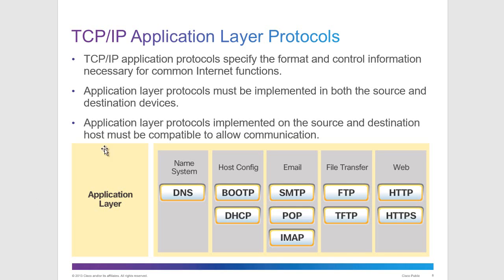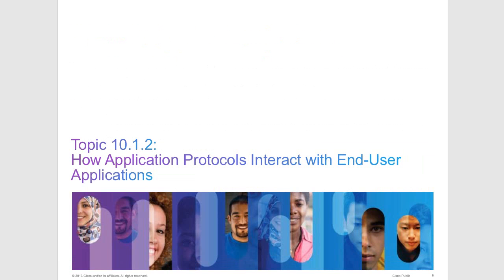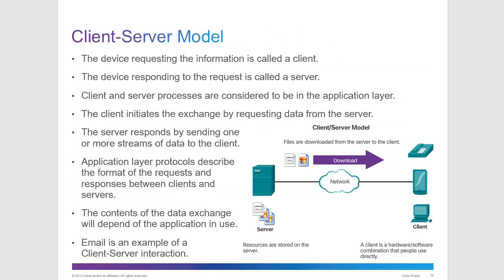We saw a few of these protocols in the last chapter, where we were discussing TCP versus UDP in the transport layer. So you have domain name service, dynamic host configuration protocol, so on and so forth, email, file transfer. And we'll talk about some of these as we move through the chapter, how application protocols interact with the end user.